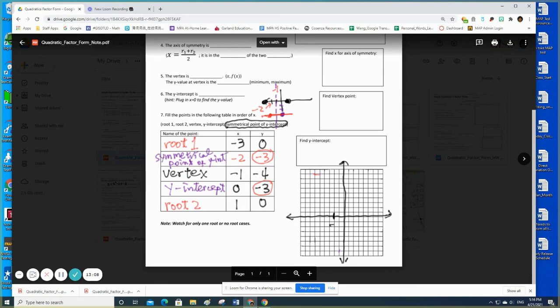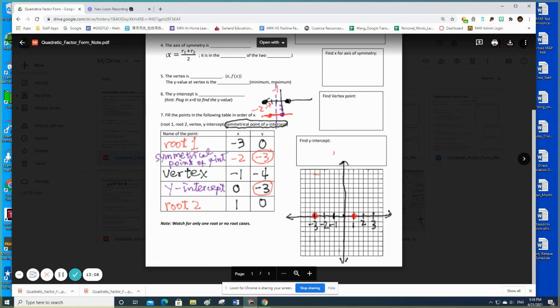This is negative 1, negative 2, negative 3. We have 1, 2. We know this is 0, 0. So now, just put all these 5 points in. Negative 3 is here, and 1 is here, 1, 0.